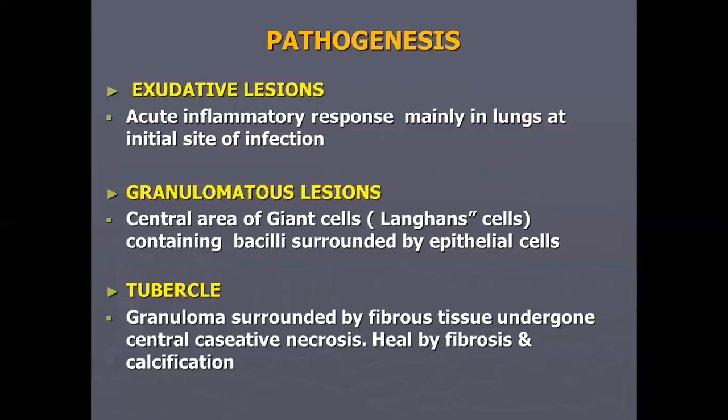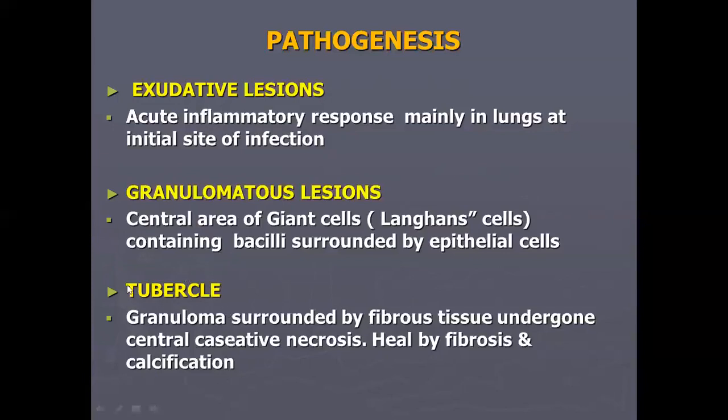Now, apart from the exudative and the granulomatous lesions, the organism can enter into the tubercle formation form. The initial lesions are the exudative lesions, which can pass on to the granulomatous form, and the granuloma can be surrounded by fibrous tissue. Then this fibrous tissue undergoes central caseation, and it can later on be healed by fibrosis and calcification.